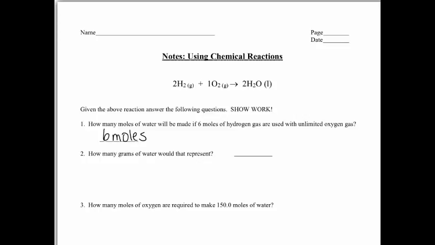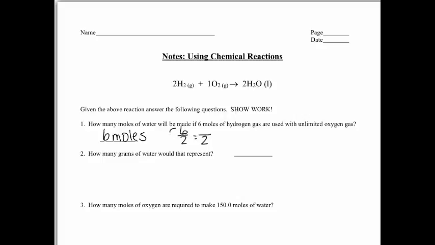The other way you can do this is actually to set up a proportion. You take the coefficients from the 2 items from your equation that you would like to use, set them equal to each other in a proportion like so, and then take the amount from your question and put that on top of the coefficient in the reaction.